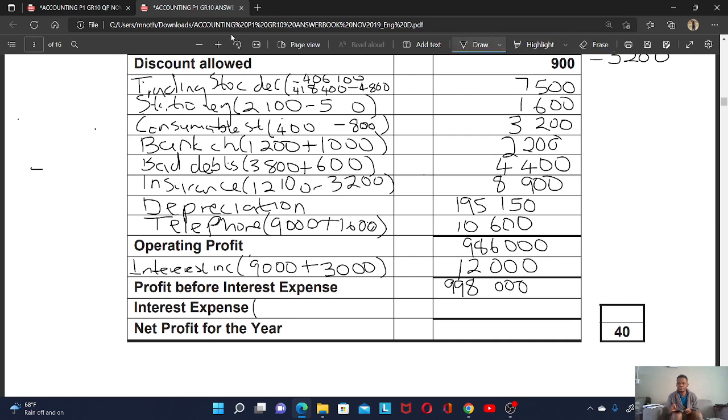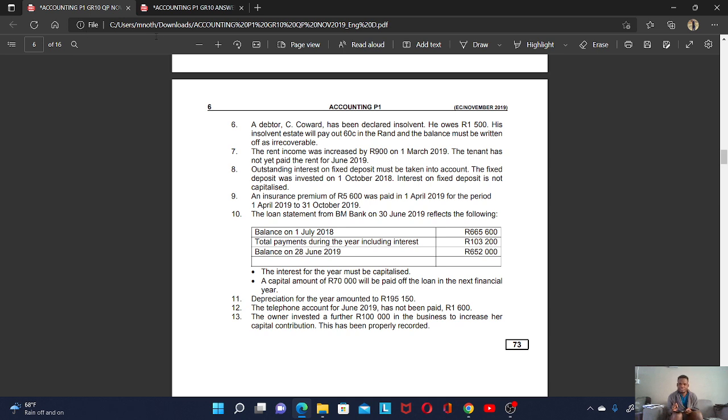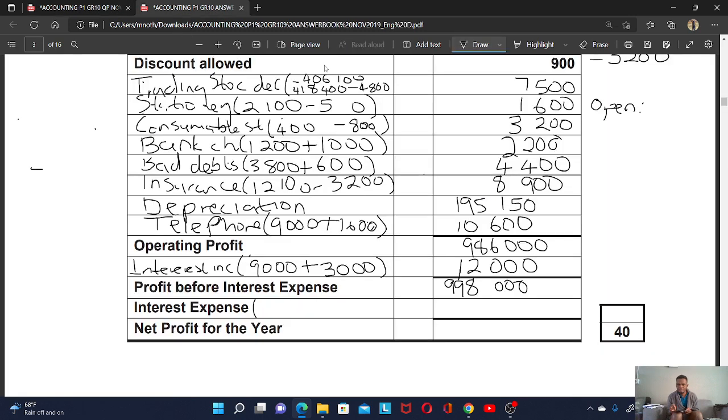The opening balance on 1 July 2018 is 665,600. And then the closing balance. What is the closing balance?